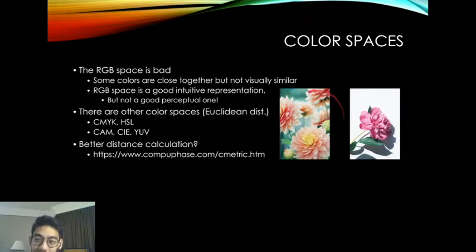I have this nice picture of water lilies or whatever they are, and there's some pinks. I feel like there are areas in the image which I think would transfer really, really well onto here, right? So I'm thinking, okay, it must get these colors because they're so similar. How can they not transfer over?